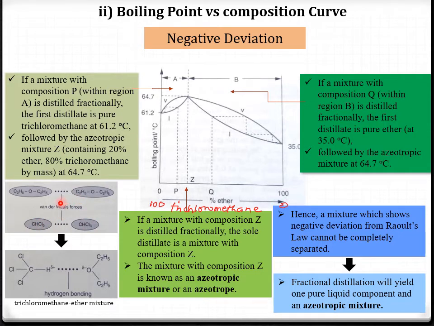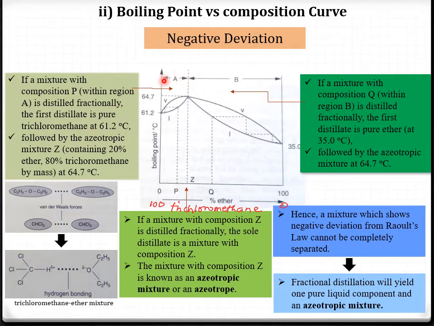When trichloromethane and ether are mixed, hydrogen bonding will form between trichloromethane and ether. So the attractive forces of the mixture of trichloromethane and ether are higher compared to the pure solvents.